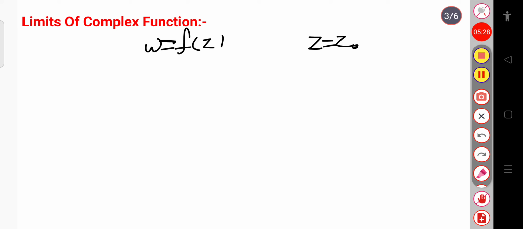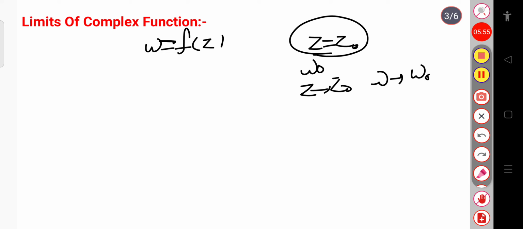Except at z0 we can define this function everywhere. So if f of z approaches w0 as z approaches z0, then w approaches w0. This is not exactly z0, because I am saying that this function is defined at every point in some neighborhood of z equals z0 except z equals z0.